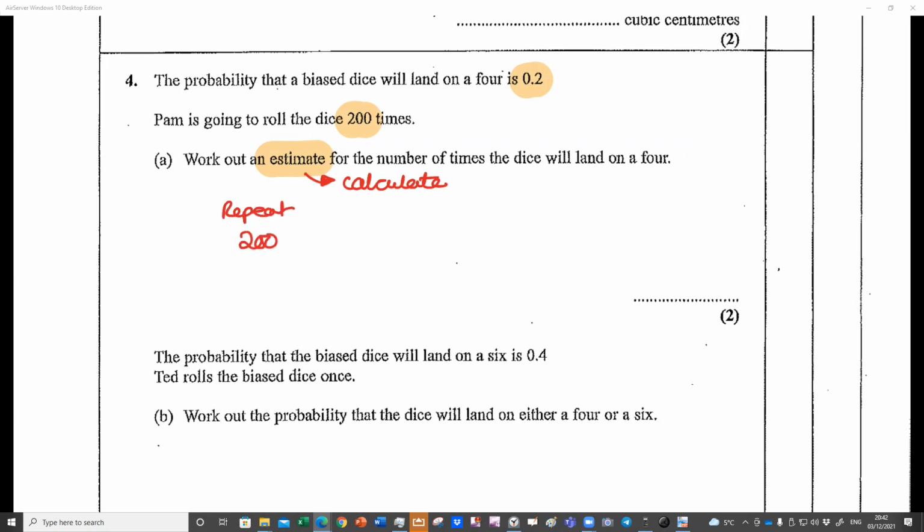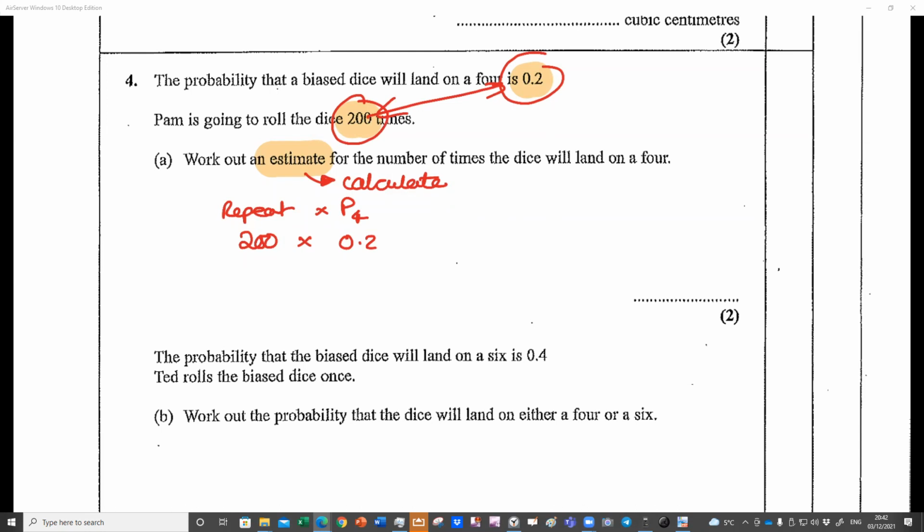Okay, and what was the probability of the event happening? 0.2. So if you repeat something 200 times, that's supposed to happen 0.2 of the times. So what do we do with those two numbers? You have to times them together.